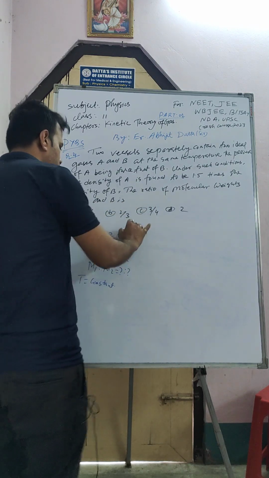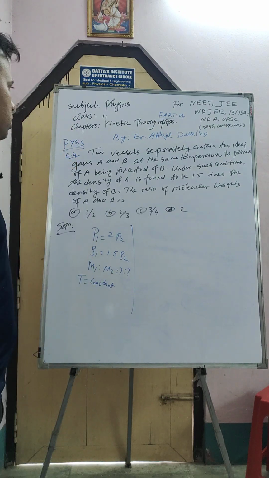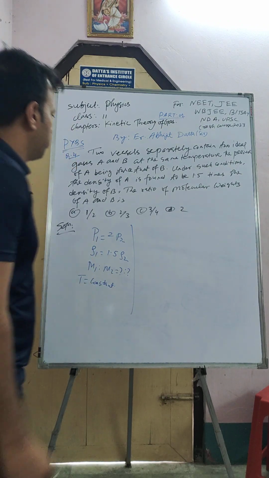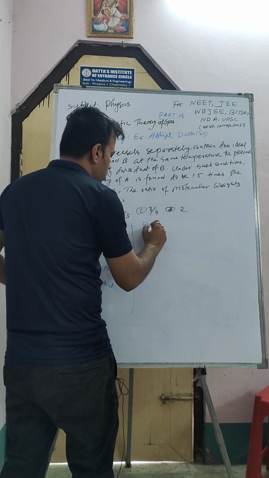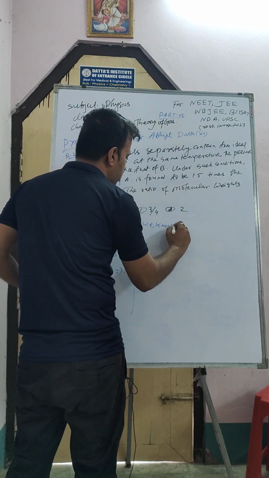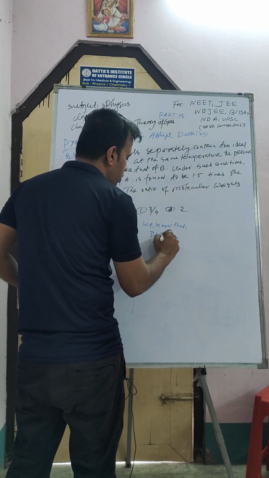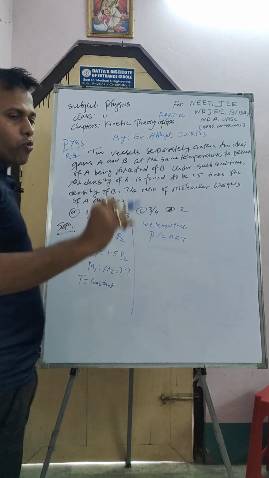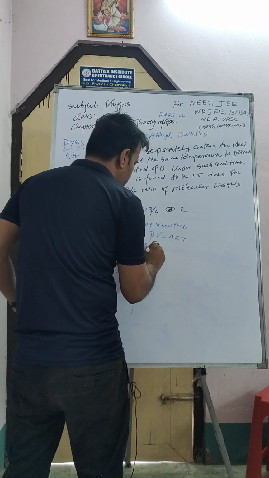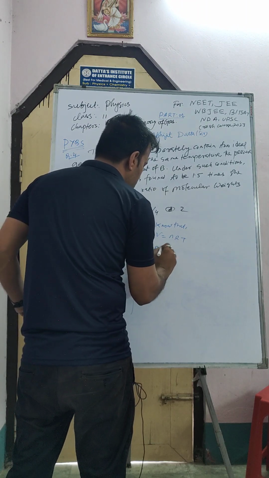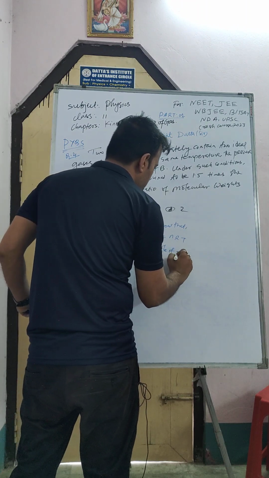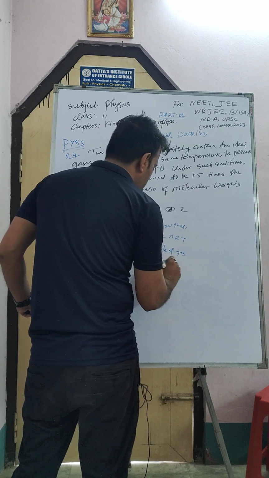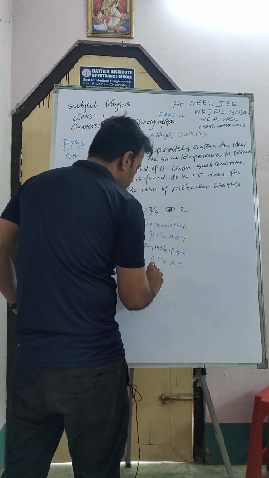Now we know that PV equal to nRT. So for 1 mole of gas, PV equal to RT.